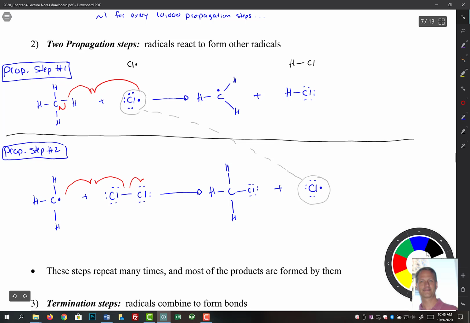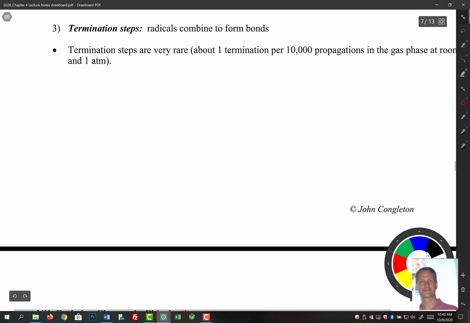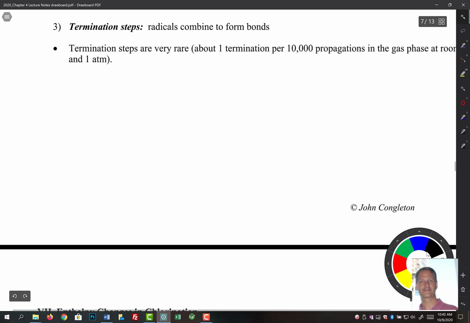So for example, the chlorine radical could recombine with another chlorine radical. That's something that could happen. Putting our arrows in, that would give us Cl2. Well, that's one way to kill things. What else?